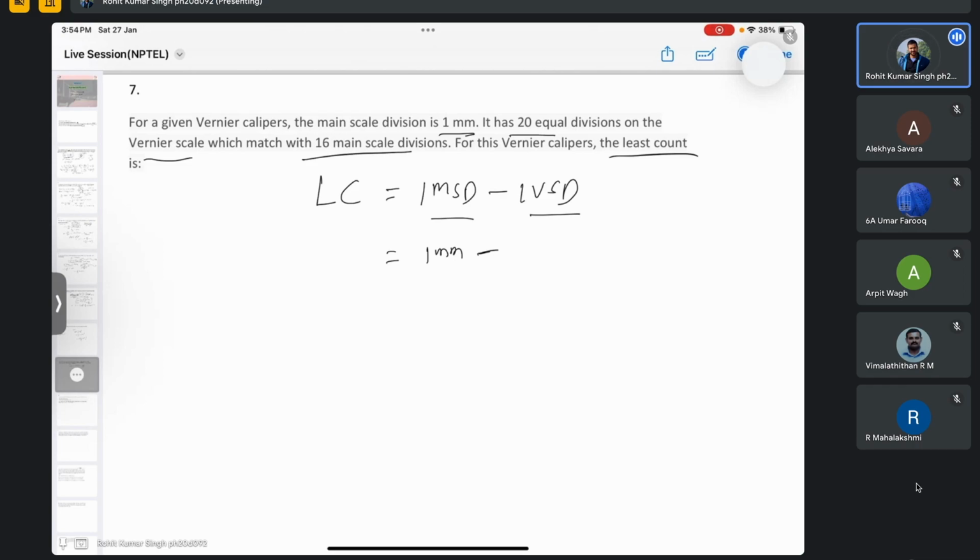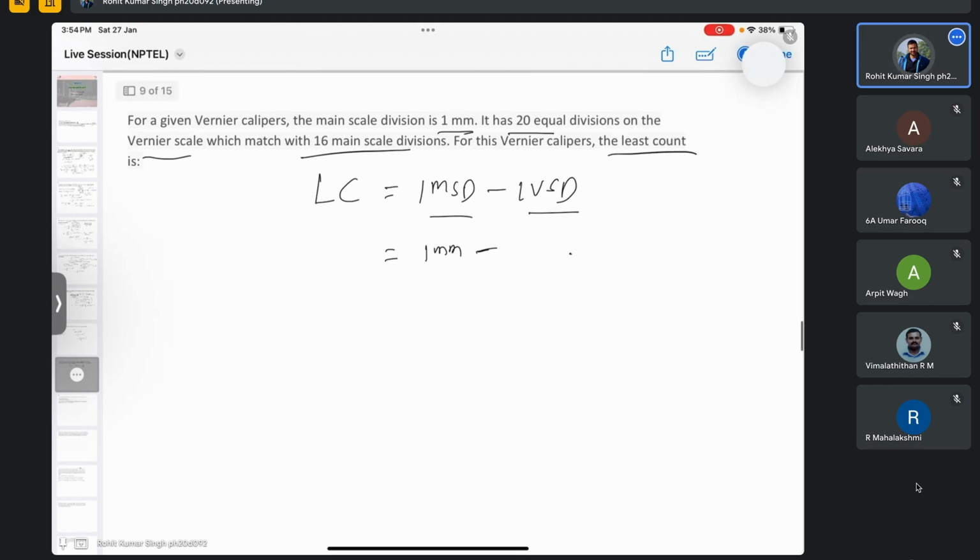If no one is responding, let me explain what it means. Here it says that 20 equal divisions on the vernier scale match with 16 main scale divisions. Suppose this is the main scale.